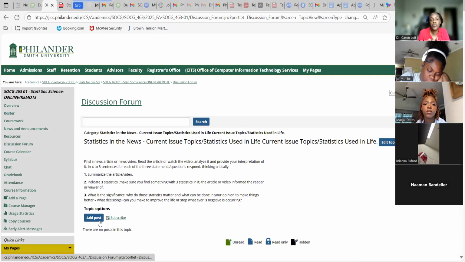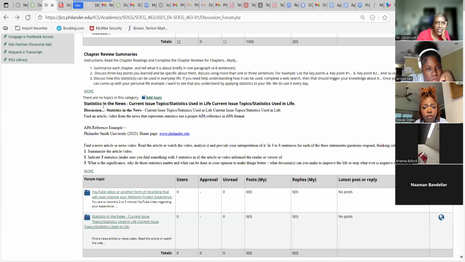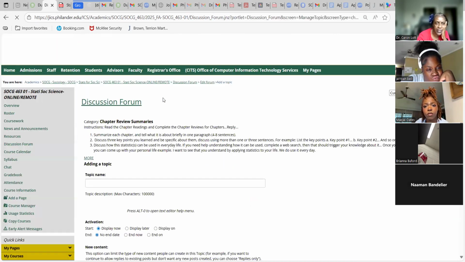So make sure when you do this, you label it. Current news statistics is the news article though. Hold on, I do need the chapter review summaries as a topic. There are no topics. Oh, I see what I needed to do.